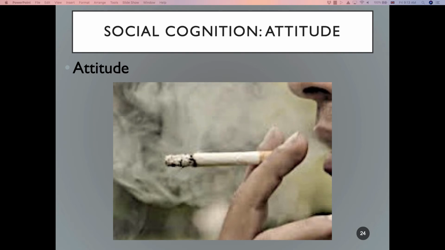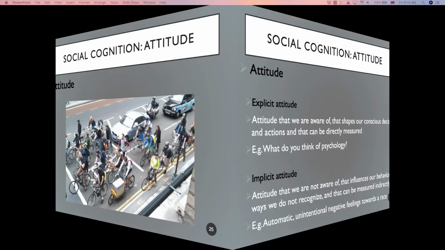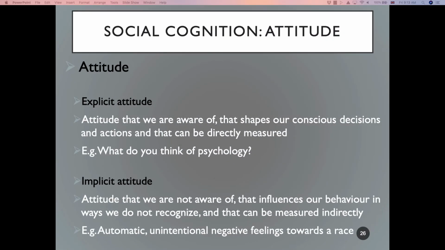Positive or negative? What about cyclists being on the roads? Positive or negative? Our attitudes, we can explain them explicitly, attitudes that you are aware of, attitudes you make a conscious decision about.